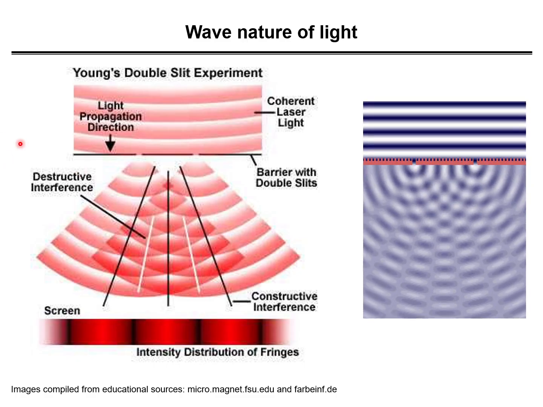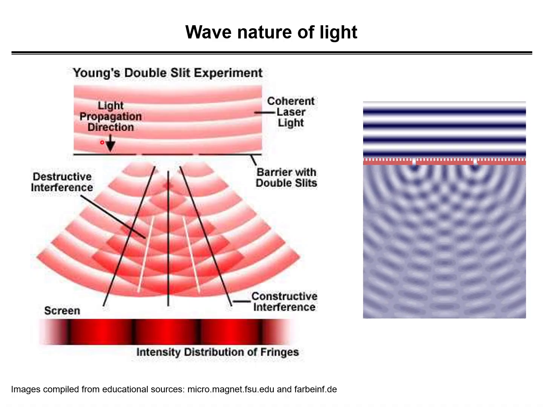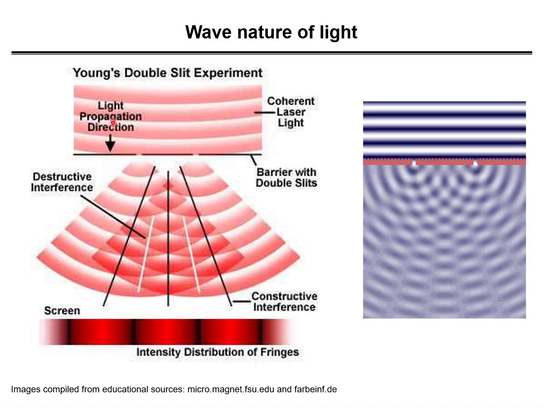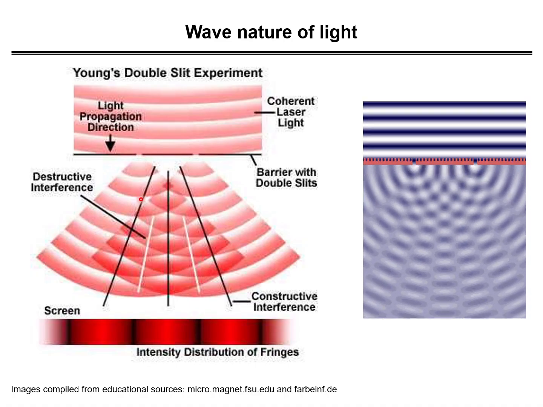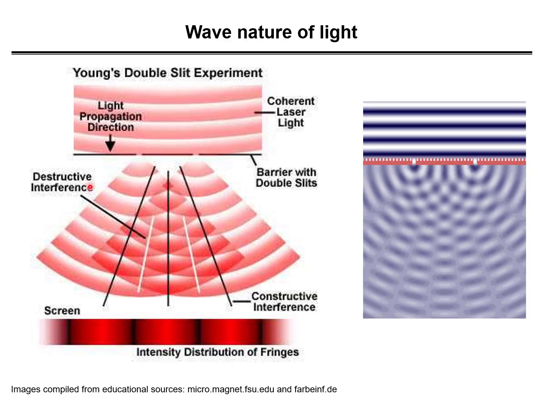Those small openings cause diffraction of the light wave, and so we end up getting bending of the wave.